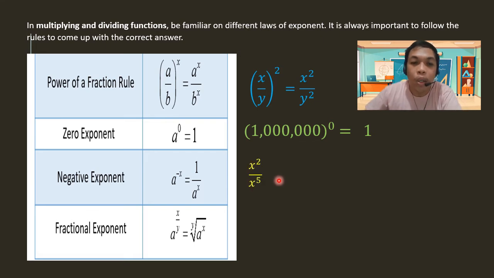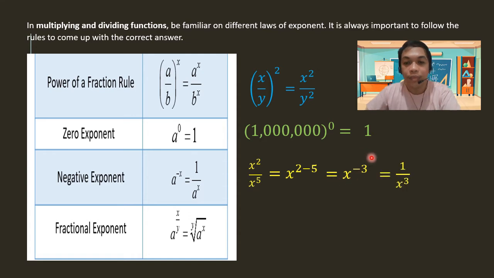Okay, for example, we have x raised to 2 divided by x raised to 5. Applying quotient rule, we have x raised to 2 minus 5. So, it will become x raised to negative 3. So, since negative ang exponent niya, we are going to apply this rule. We find its reciprocal. So, that is 1 over x raised to 3.